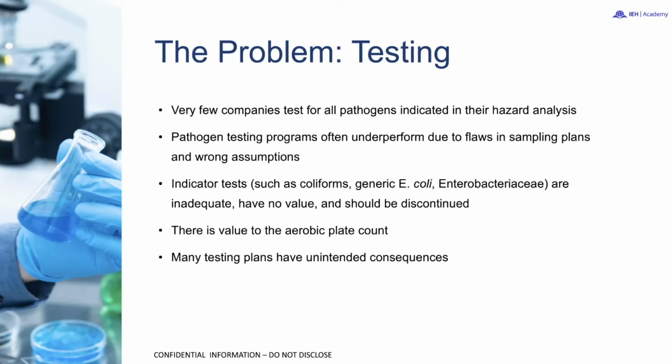We see this occasionally when one of our clients gets a positive result on a lot, and the good news is that lot was on hold, but the bad news is they end up implicating other lots that they've already produced and released. And of course, at that point, you're looking at a recall. So there's a lot to think about prior to doing some testing. Next slide, please.